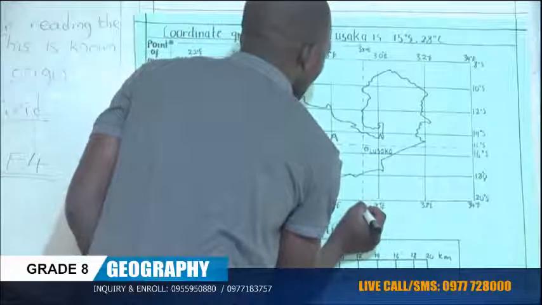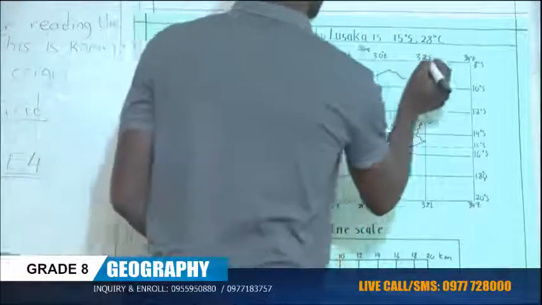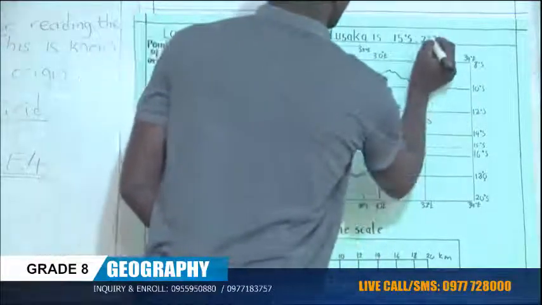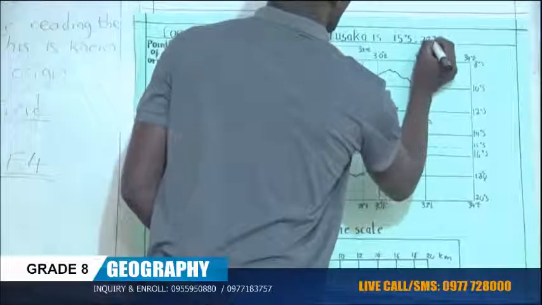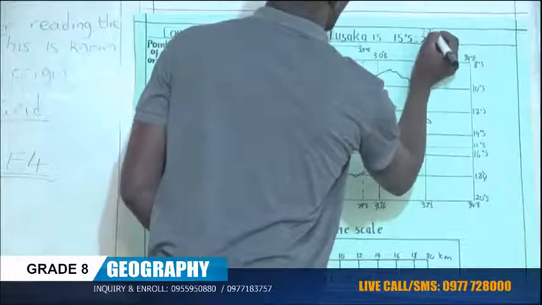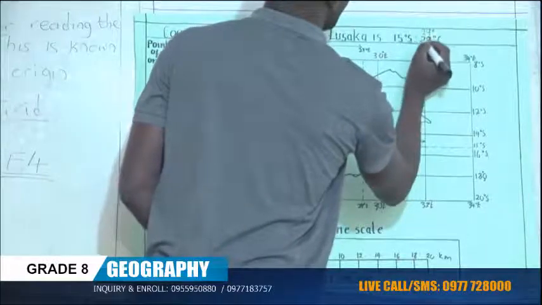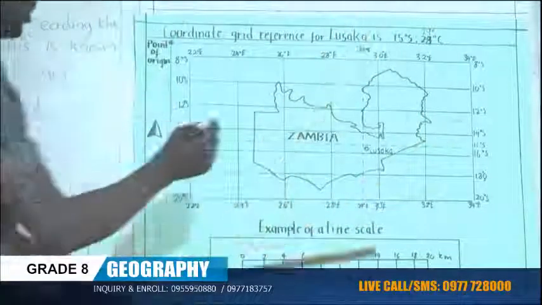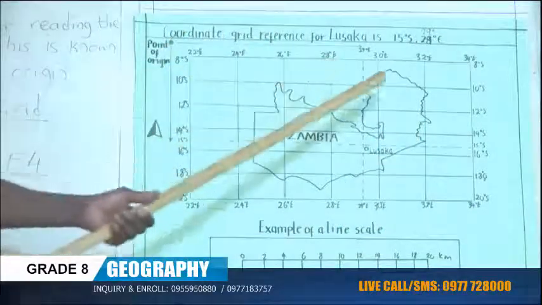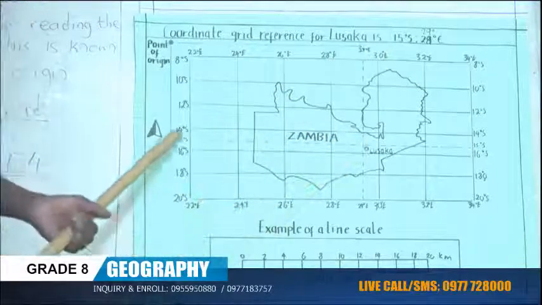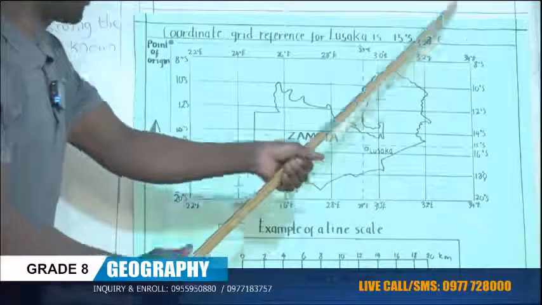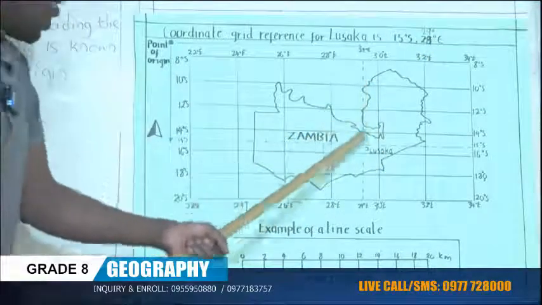Okay, thank you. So even here should be 29 degrees east. Okay, so Lusaka is found on 15 degrees south, then 29 degrees east according to our chart here.